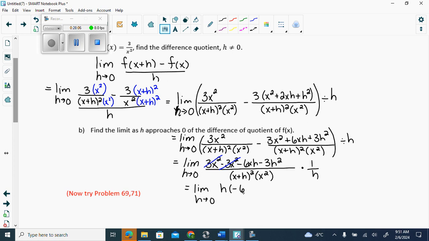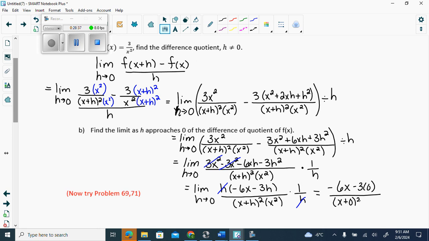I'm left with negative 6x minus 3h all over x plus h squared x squared, times 1 over h. H's cancel off. And I am left with the problem gone, and I can plug in 0, right? So I get negative 6x minus 3 times 0 over x plus 0 squared x squared.